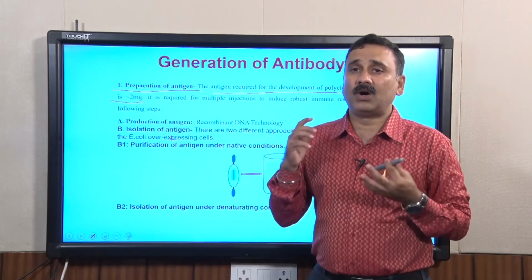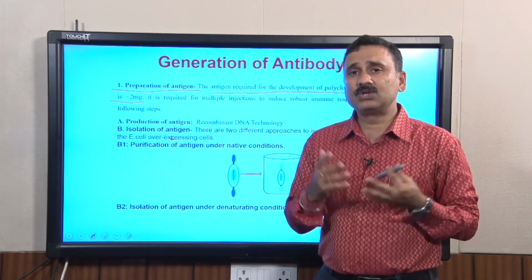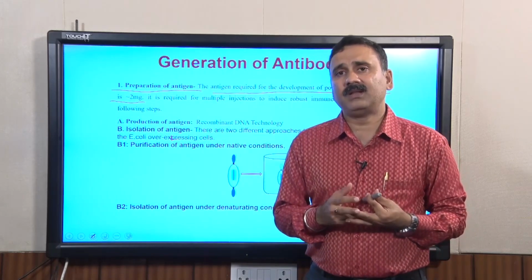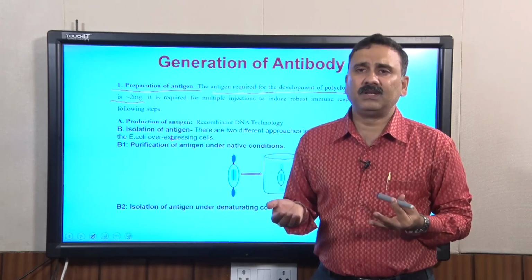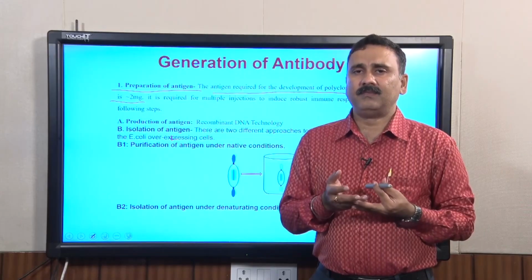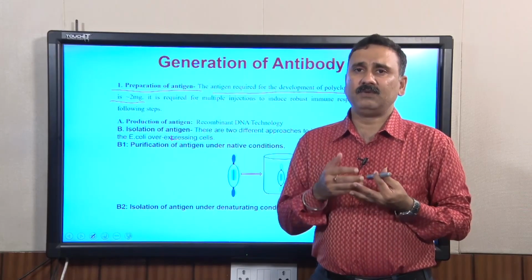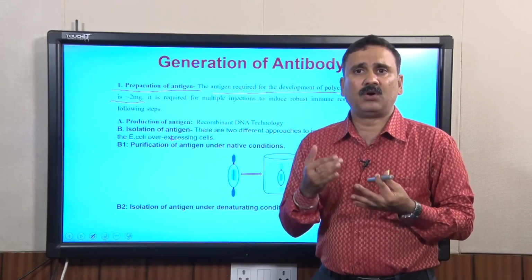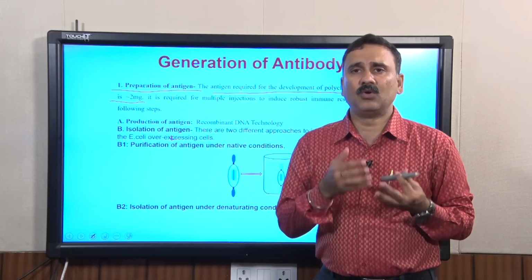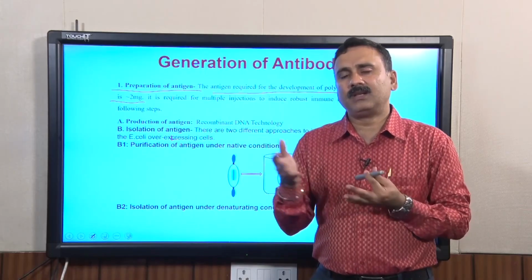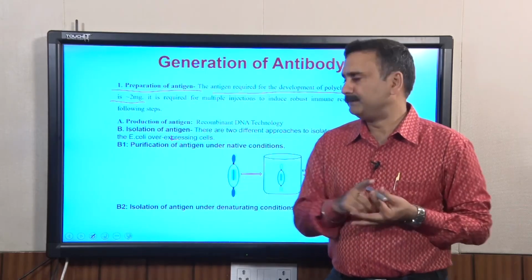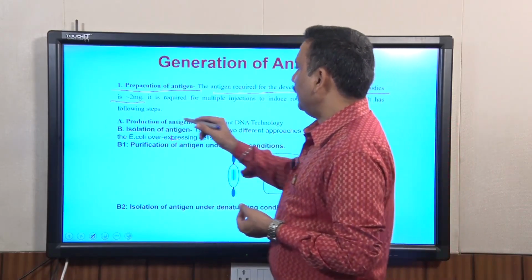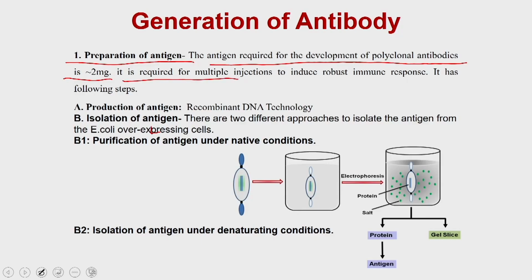The second thing is the horse is going to give you a large quantity of antibodies, and for most of these toxicant proteins, the production of the antibodies which you are going to use as passive immunization or protection against the cobra bites, you require a large quantity of these antibodies. So, antigen is required for multiple injections to induce the robust immune response.